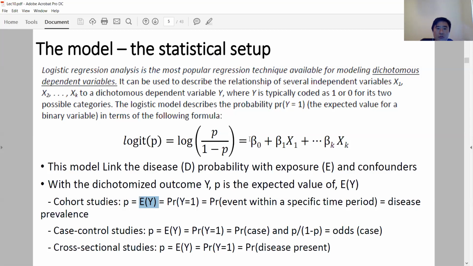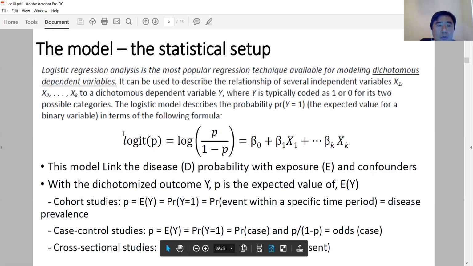But this is what we call the generalized linear regression model. The reason is that on the left-hand side, it's still a function of the expectation of y. We still need the expectation of the outcome variable y, but this is a function.